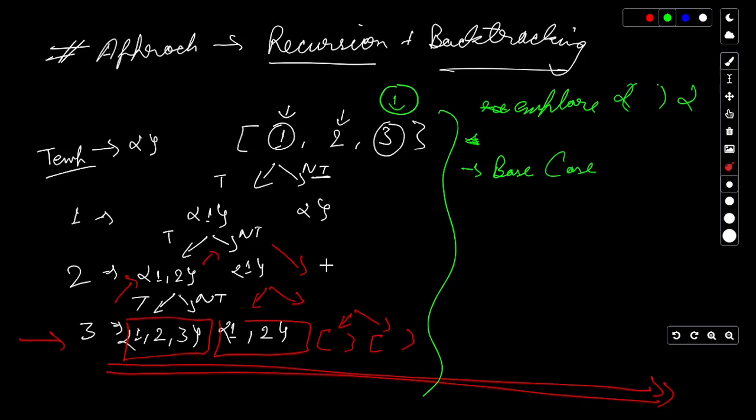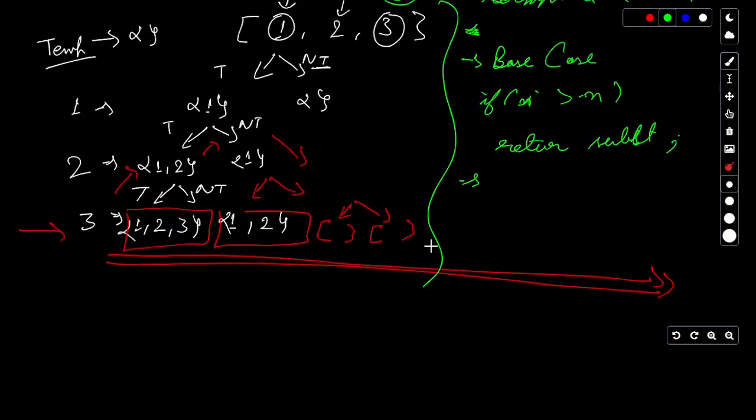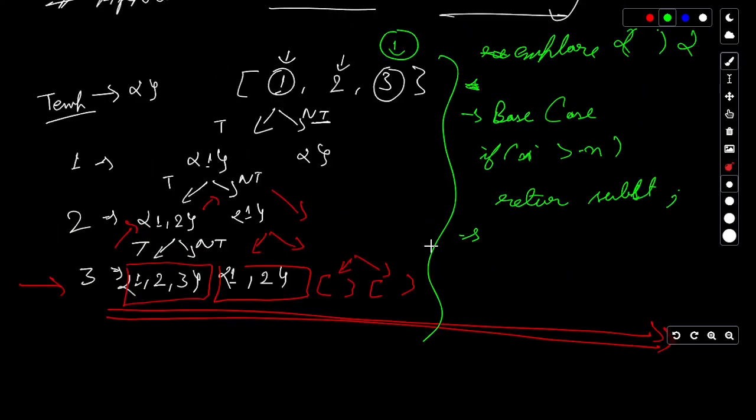So this will be like if our I is greater than n, then we will be returning this particular subset. Okay, and then in the normal cases, because there are two options, right? So there should be two function calls.